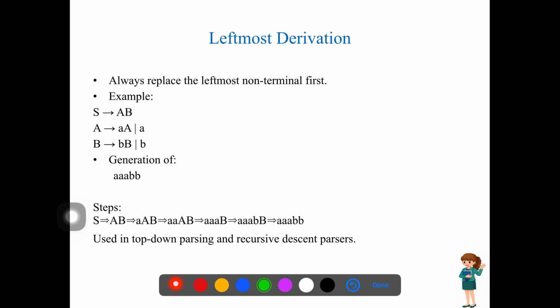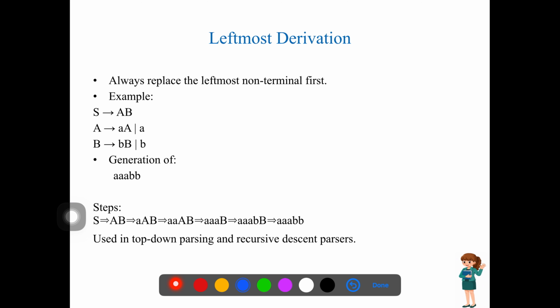Leftmost derivation always replaces the leftmost non-terminal first. So you can see the grammar rules and you can see the steps. A can be replaced by AA. Again, A can be replaced by AA. Again, A can be replaced by a.